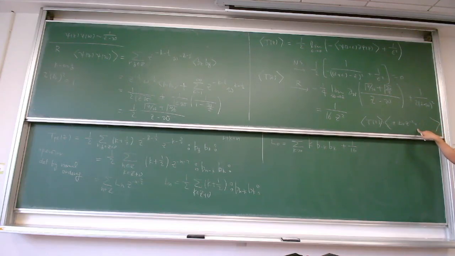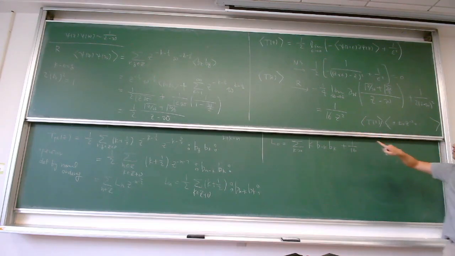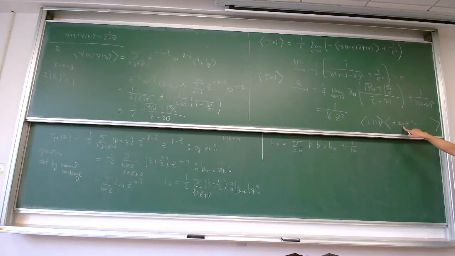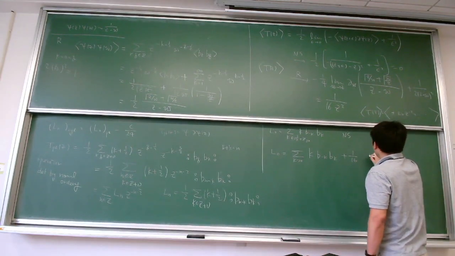If n is negative, it annihilates the left vacuum. So what's really important is this L0 part. The minus 2 really comes from here, and then the 1 over 16 affects this constant for the Ramond sector.